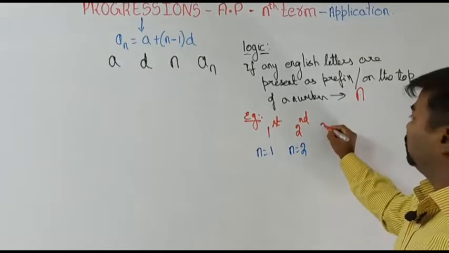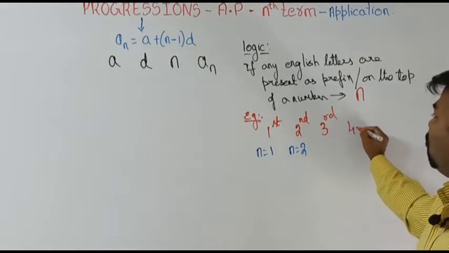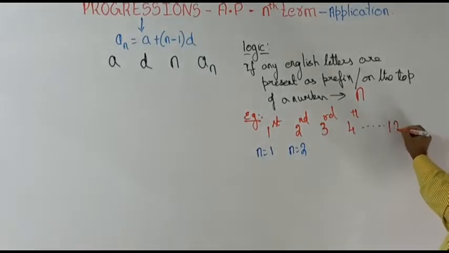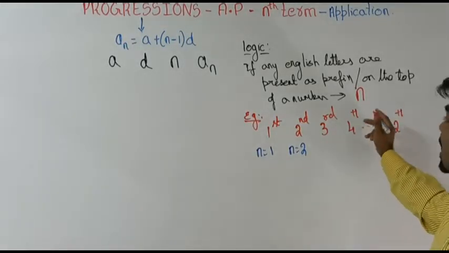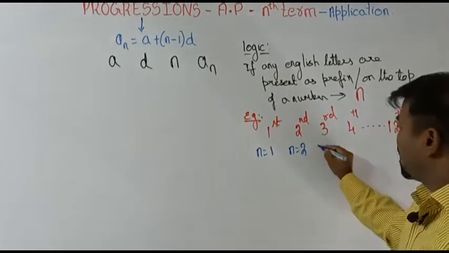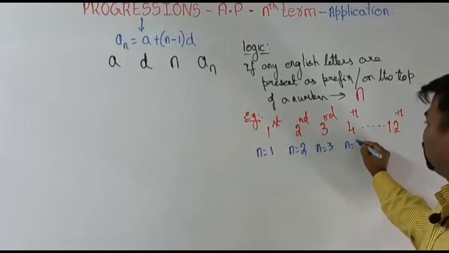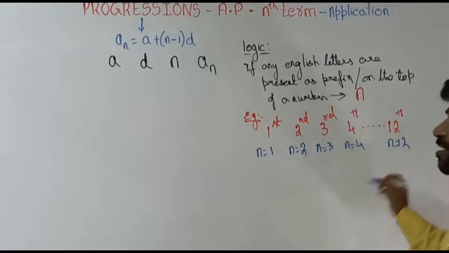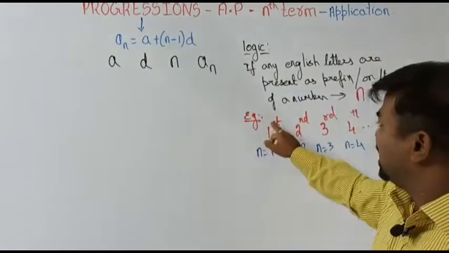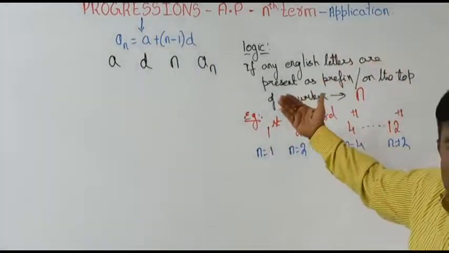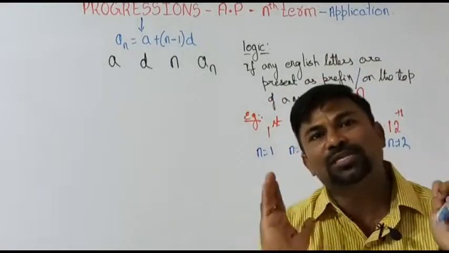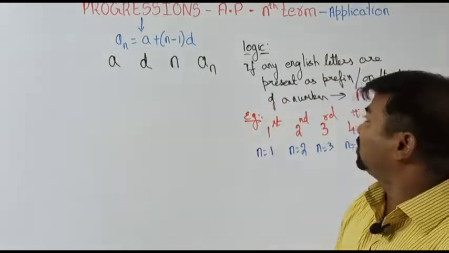Likewise for third, fourth, or 12th: we have English letters on the top of the numbers, so without hesitation n equals 3 here, n equals 4 here, n equals 12 here. This is the simple logic we have to catch from the question. Now let's go for the reverse logic.